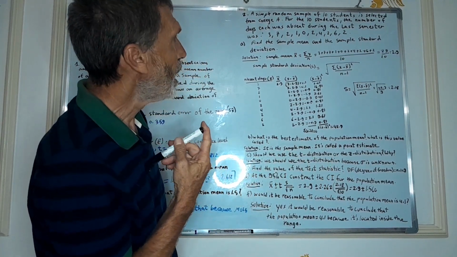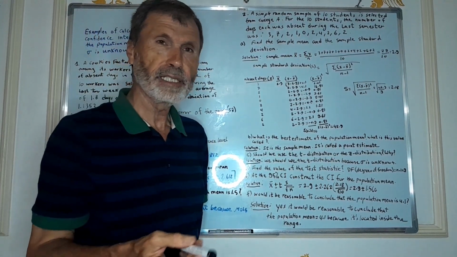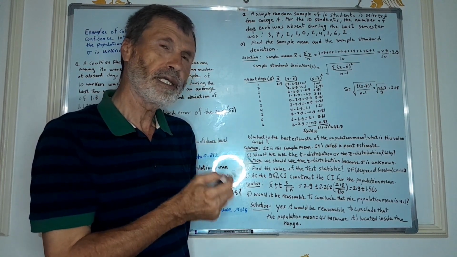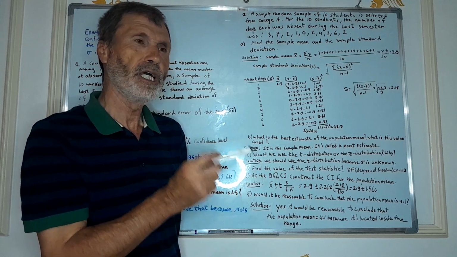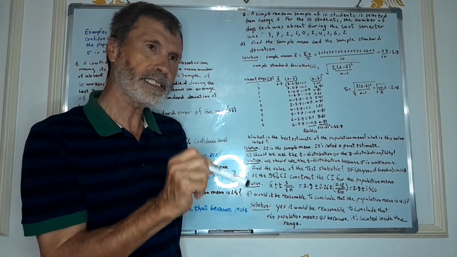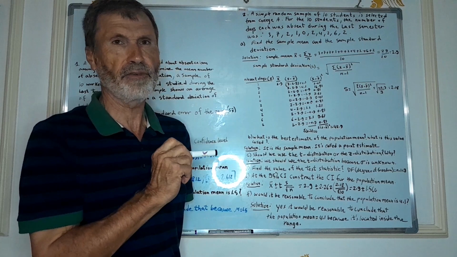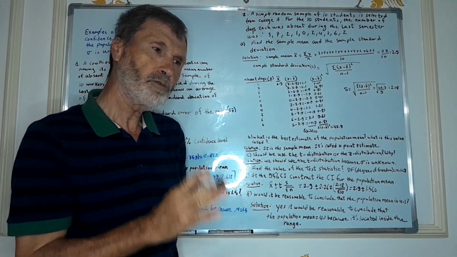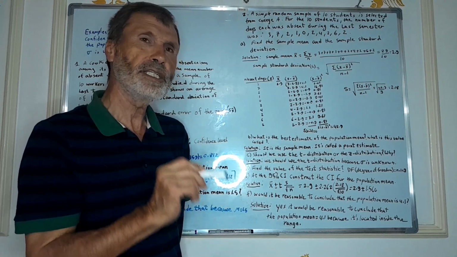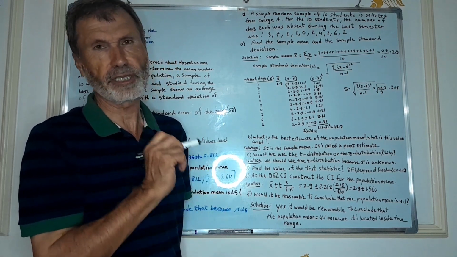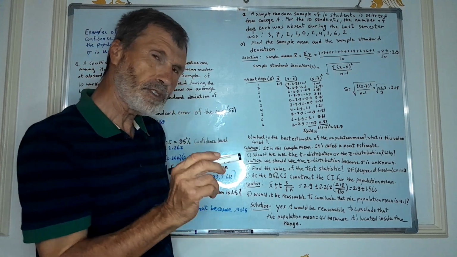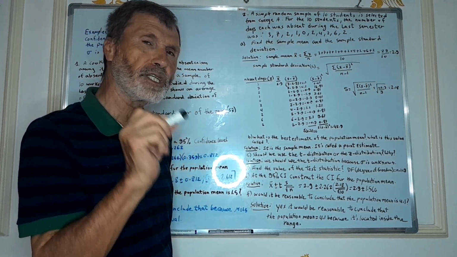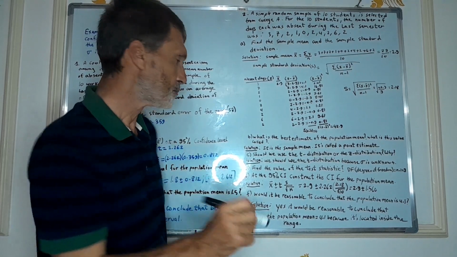Of course, as you can see, we don't have the population standard deviation. We did calculate the sample standard deviation, and the sample standard deviation is going to estimate the population standard deviation. And since the population standard deviation is unknown, then we have to use the t distribution instead of the z distribution.